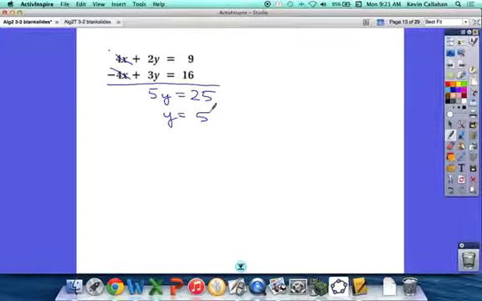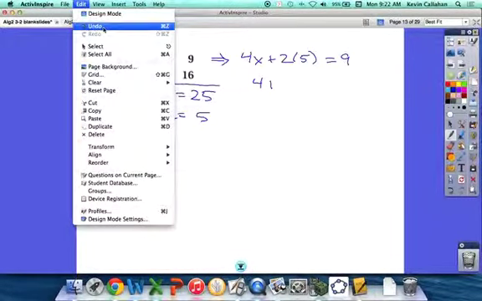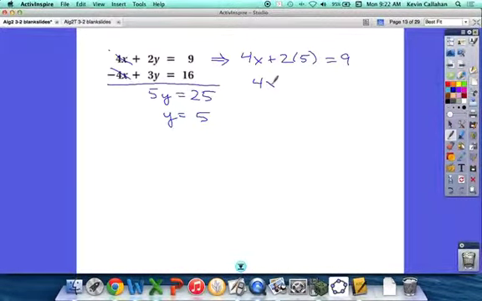Yeah, I mean, I would look at that negative 4x and say, I think I'd rather skip the negative. So let's go over this way and go 4x plus 2 times 5 equals 9. 4x plus 10 equals 9. 4x equals negative 1, x equals negative 1/4.